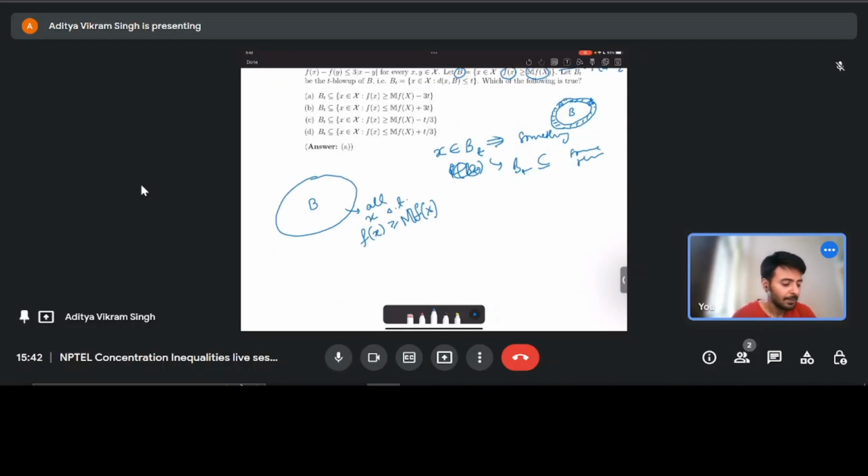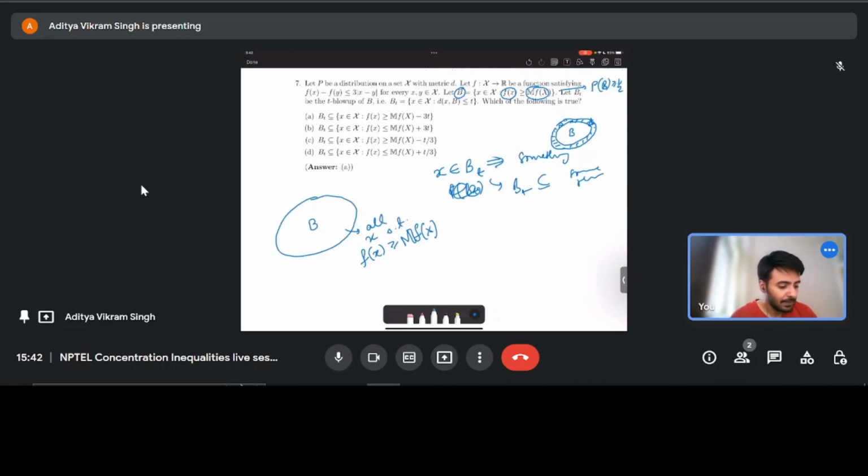And then we have this t blow-up here. By definition, if you take any point here in the t blow-up, suppose this point here, we know that f(x) has to be less than the median of f(x), because this point, which is not in B but in the t blow-up of B, is in B complement.